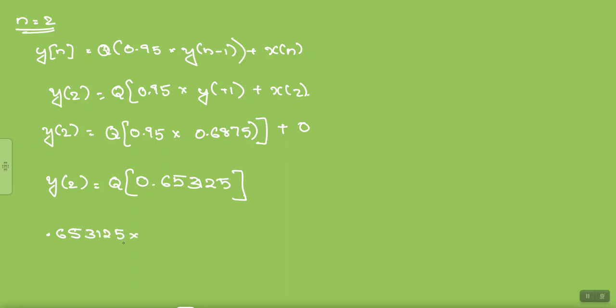0.653125 into 2, that's equal to 1.30625, remainder 1.